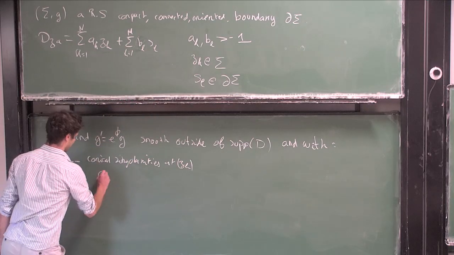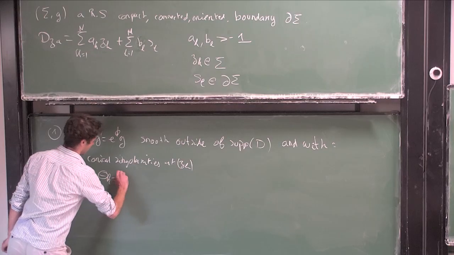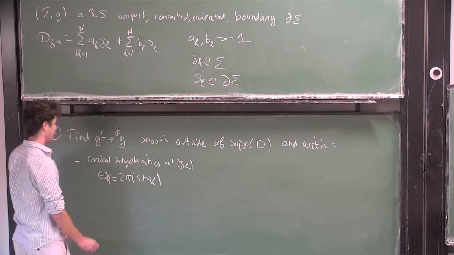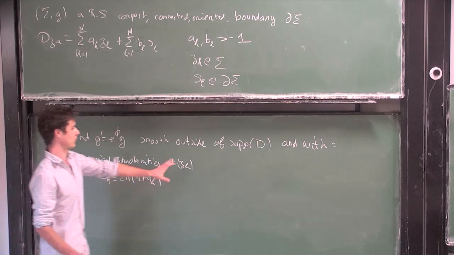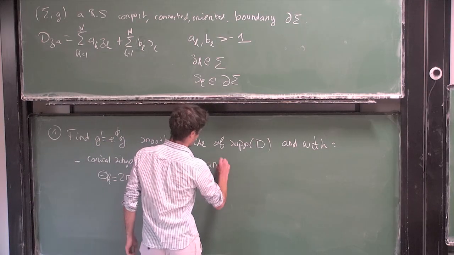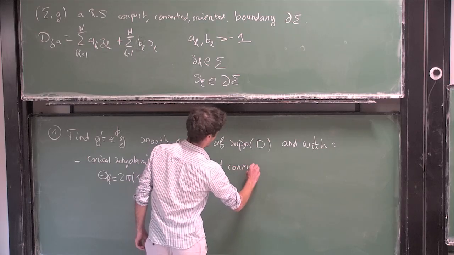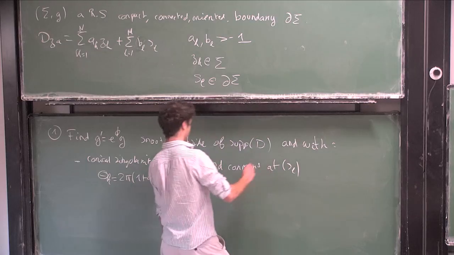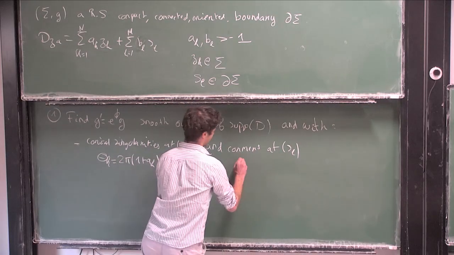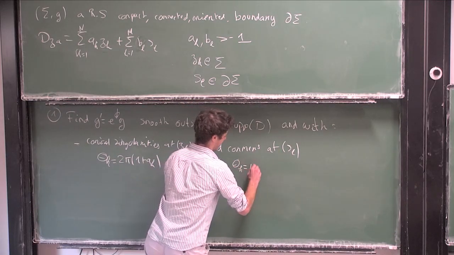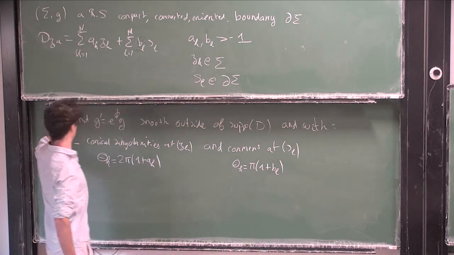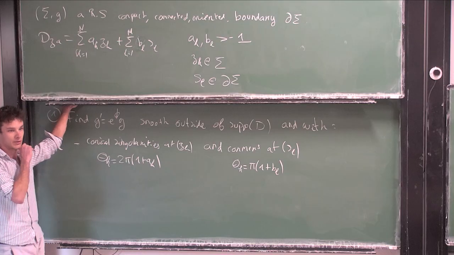So the angle would be θ_k equal to 2π(1+α_k), and on corners, at all these boundary points, the angle this time is parameterized as π(1+β_l). So this is one assumption that I want my metric to satisfy.